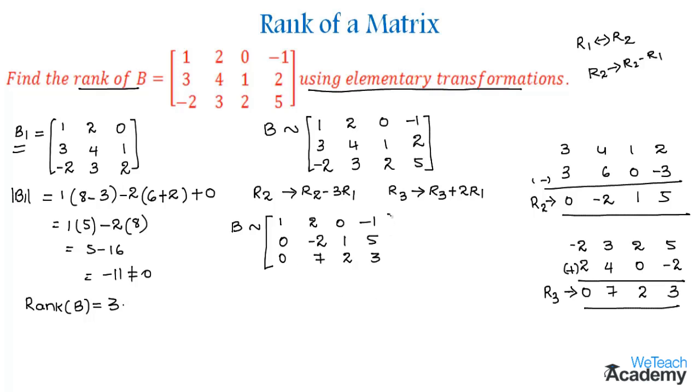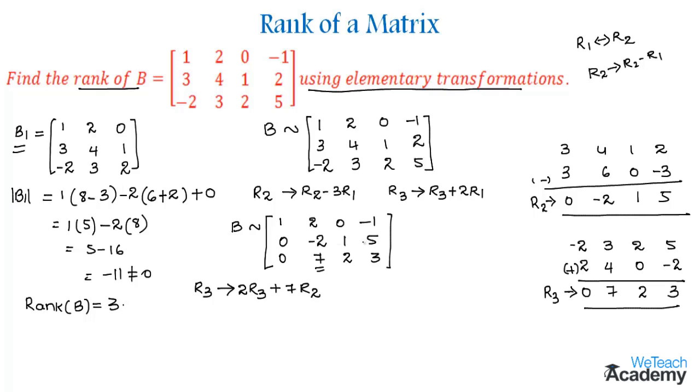And now the next step is to convert the element 7 as 0. So for this, we will use the second row, and by multiplying 7 to the second row and multiplying 2 to the third row and just adding, we get here 0. So the transformation is made to row 3 denoted by R3 implies 2R3 plus 7R2.